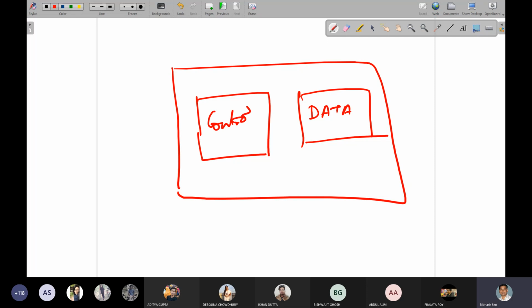Am I correct or wrong? And the control unit always controls the signals of the data path. What happens in a data path? Tell me, what is present in the data path?